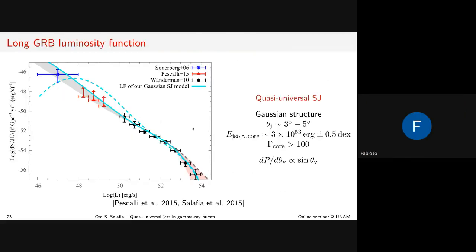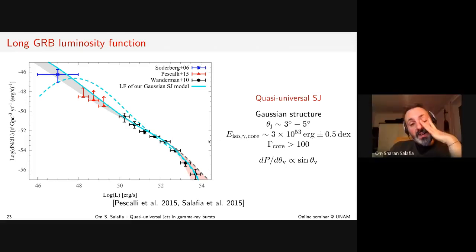Okay. But let me go back to this historical reconstruction. So at that time, we showed that with a Gaussian dependence of both the radiated energy and the Lorentz factor with the angle from the jet axis, you could reproduce the long GRB luminosity function very well, actually, with a quasi-universal structure, which means a structure which is very similar among different jets, with just a small dispersion of the parameters.